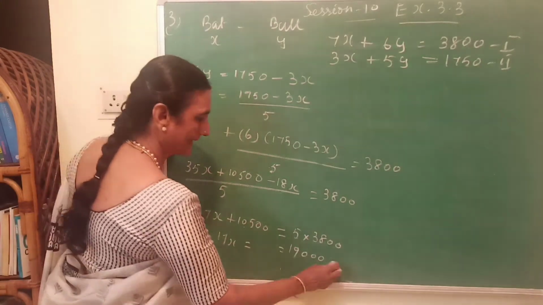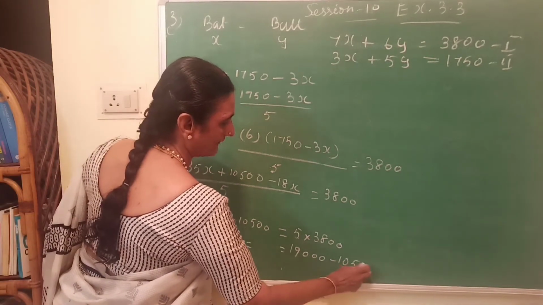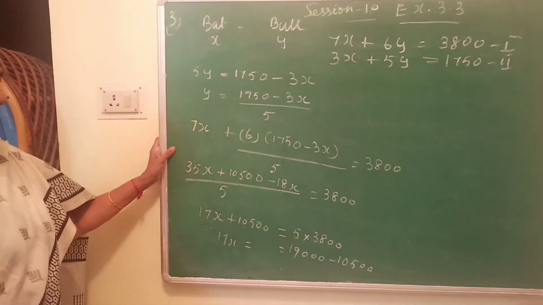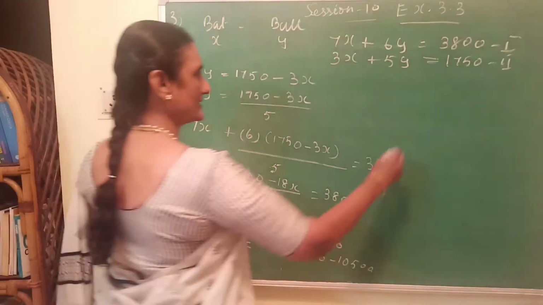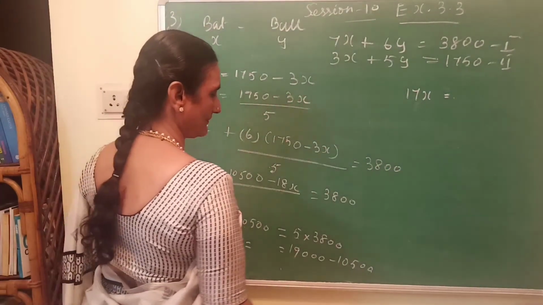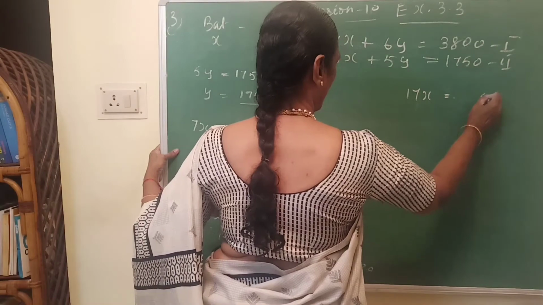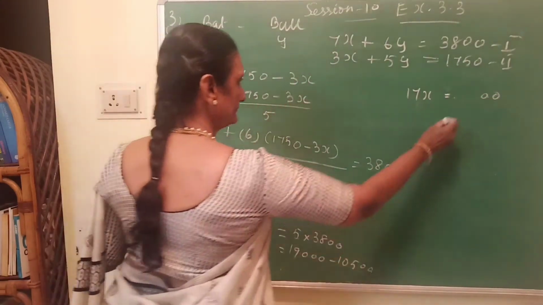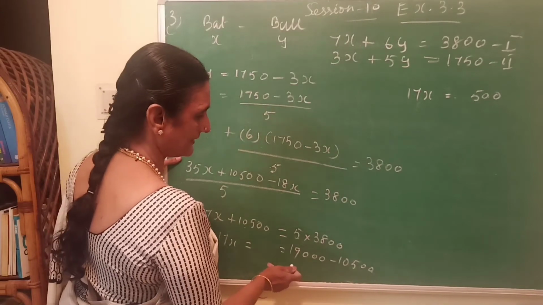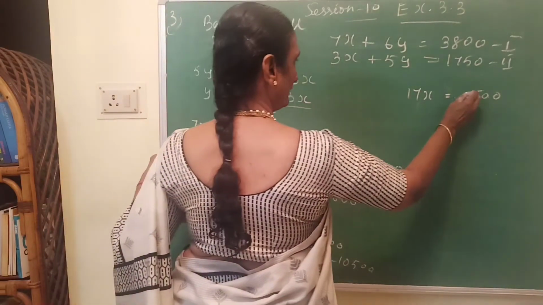Now this minus 10,500. I want you to subtract and tell me what this value is. So you get 17x is equal to, subtract and tell me what it is. It is 0, 0, and then 10 minus 5, and here it is 8.